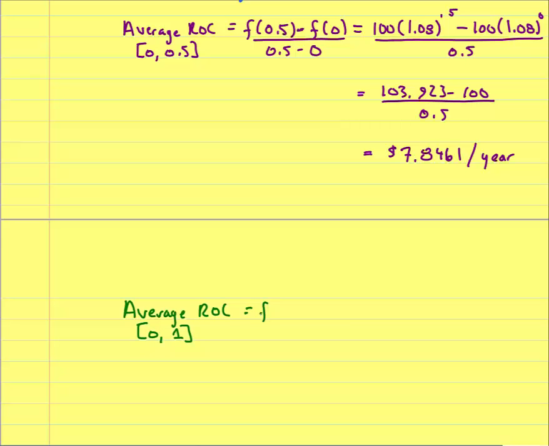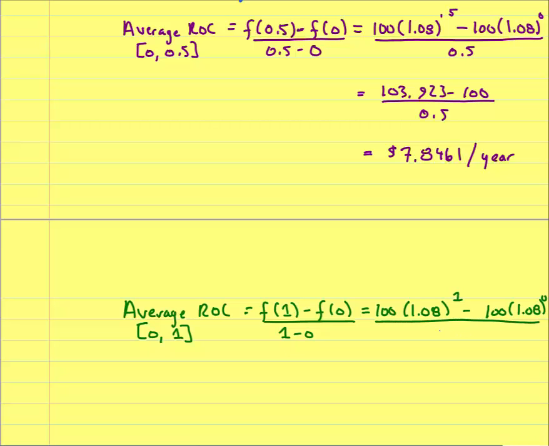So this is going to be f of 1 minus f of 0 all over 1 minus 0. 100 times 1.08 to the first, minus 100 times 1.08 to the 0, and of course 1 minus 0 is 1. So if I plug these values in, I end up with 108 minus 100 all over 1. I end up with $8 over 1 year, if we want to think about our units, $8 per year.